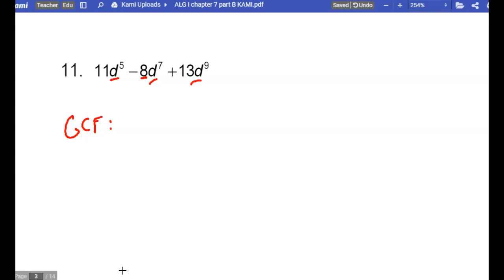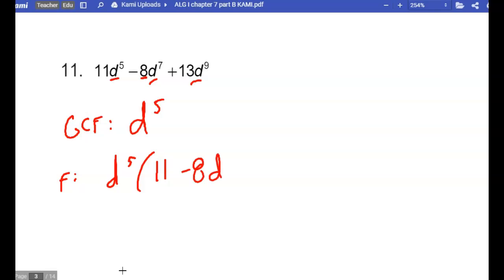It's the highest number of d's that they have in common. There's a d to the fifth that they have in common. So now I'm going to factor that out. That d to the 5th comes in front. And what does that leave me? That leaves me with 11 minus 8d squared, because I'm dividing all these by d to the 5th.